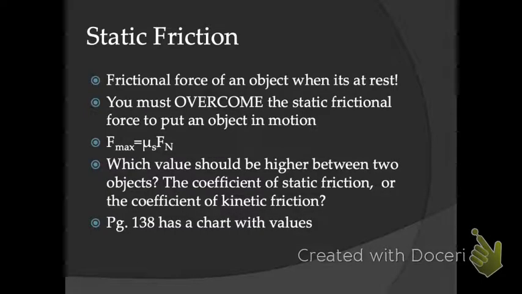The coefficient for static friction is always larger than the kinetic. Always larger, good. And there's another theme that encompasses all of them. What seems to be in common with all of those? They don't go higher than 1.